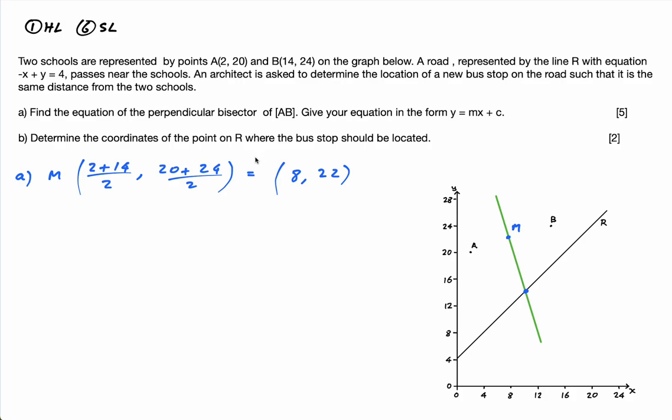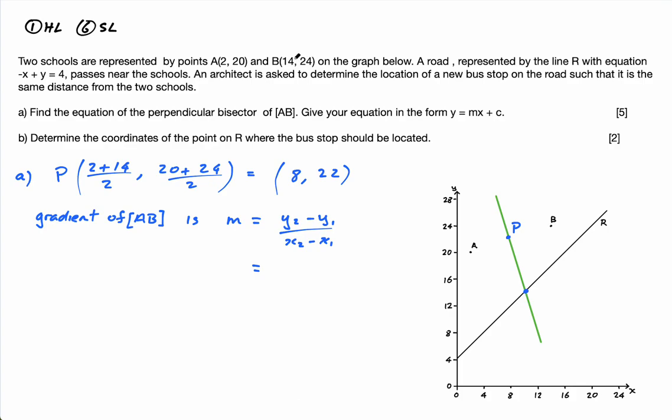Next, we need to find the gradient. Maybe I shouldn't have used M because I'm going to use m for the gradient, so let me change the midpoint to P. So P is (8, 22). Now the gradient of AB, let's call it m, is y2 minus y1 over x2 minus x1.